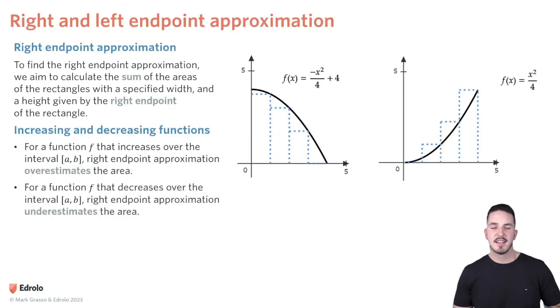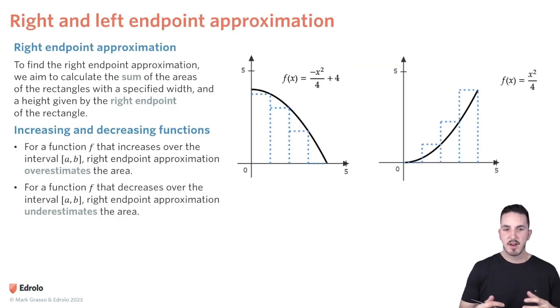So, right and left endpoint approximation. Right endpoint approximation is the one we're going to start with. To find the right endpoint approximation, we aim to calculate the sum of the areas of the rectangles with a specified width, generally given in the question, and a height given by the right endpoint of that rectangle.